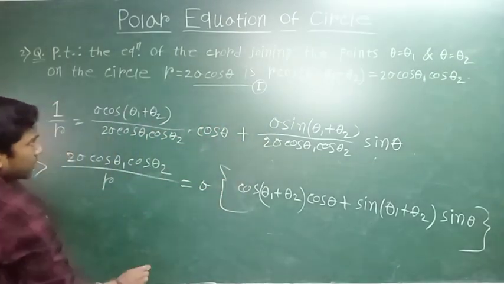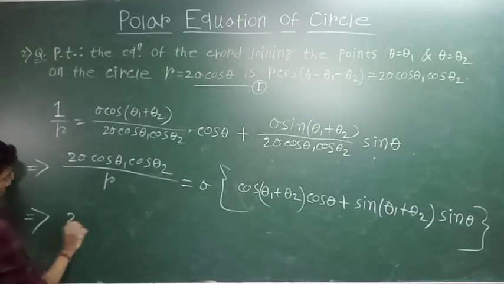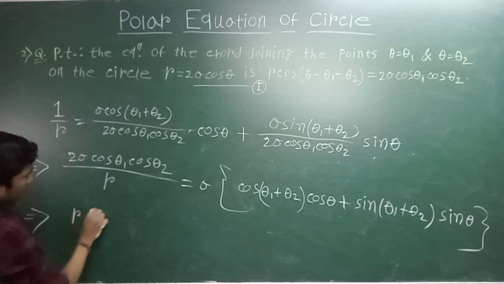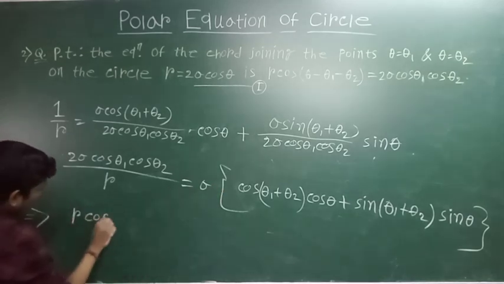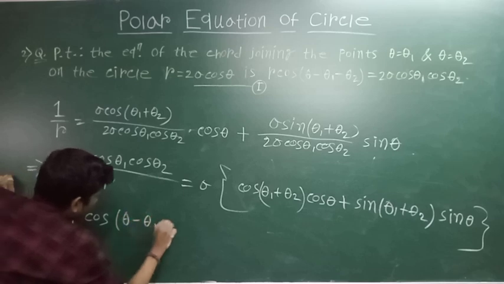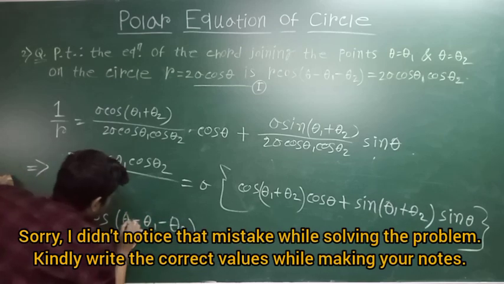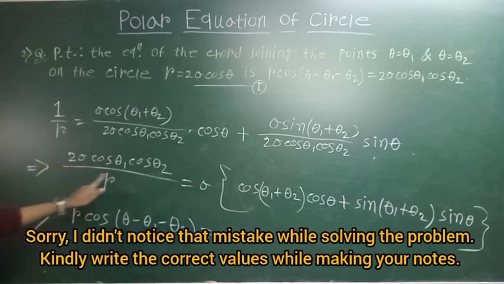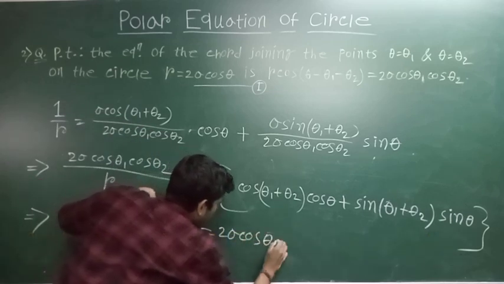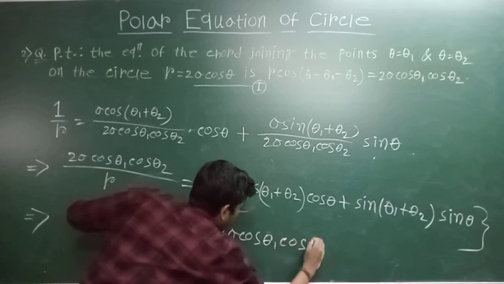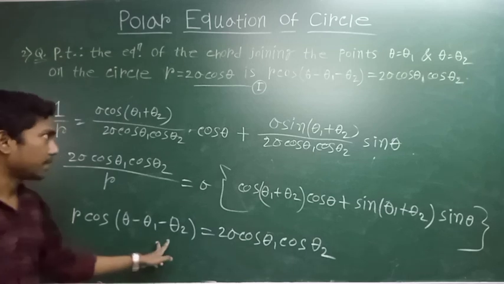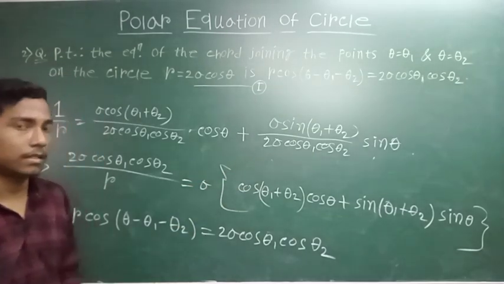If we take r that side, then we get r cos (theta minus theta 1 minus theta 2) is equal to 2a cos theta 1 into cos theta 2.